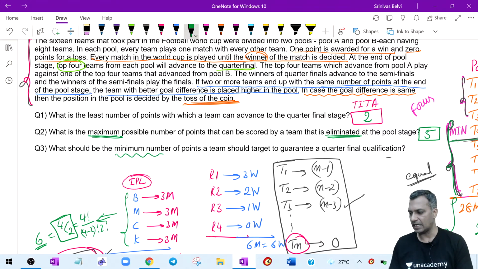Minimum guaranteed quarter-final qualification. Minimum, but guaranteed, no doubt. Definite. Guaranteed quarter-final qualification.